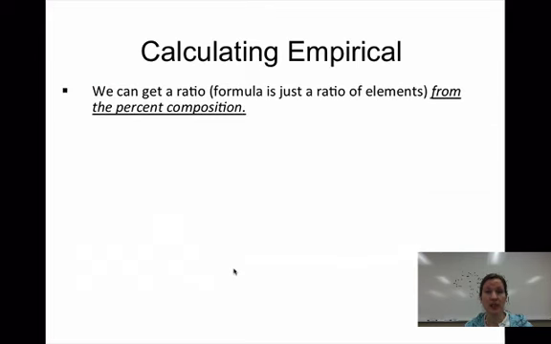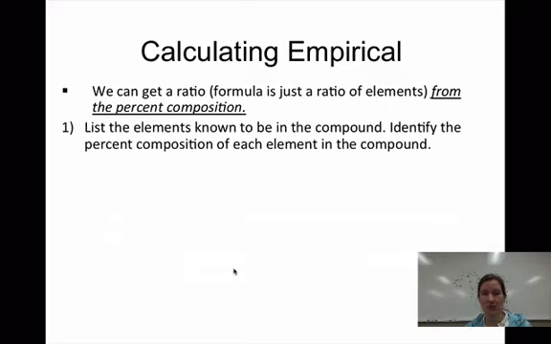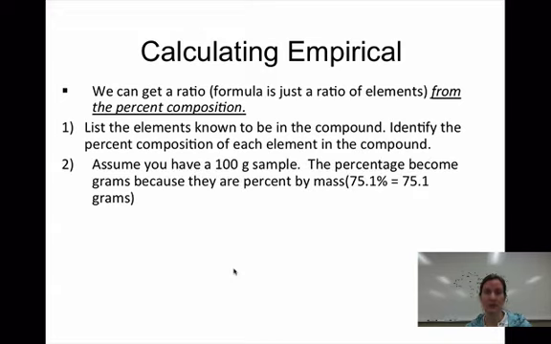How do we do it? Well, it's very similar to the problems we were just doing. Okay, we will be given percents, right? And those percents really can be, in the end, looked at as though they were masses, okay? In that, if we said, okay, I have 75% of this particular element within my compound.